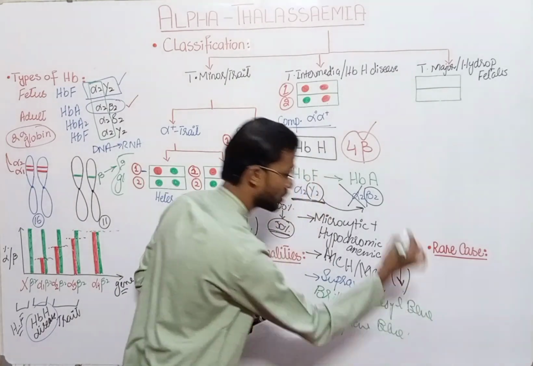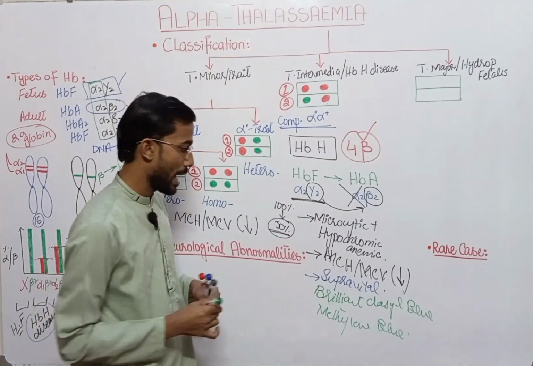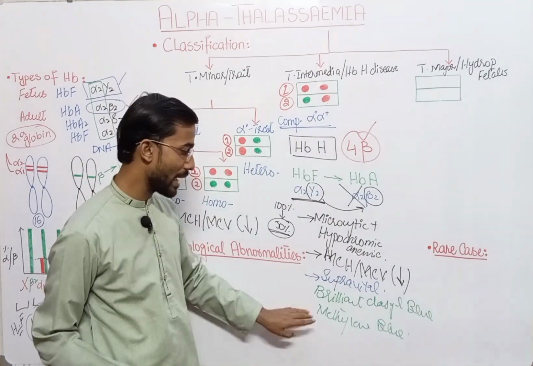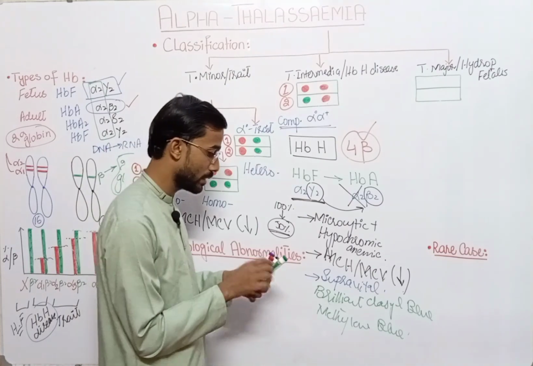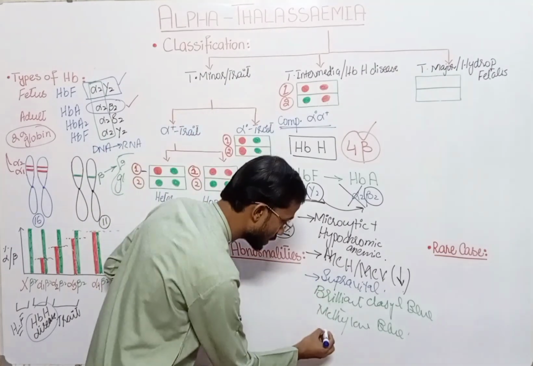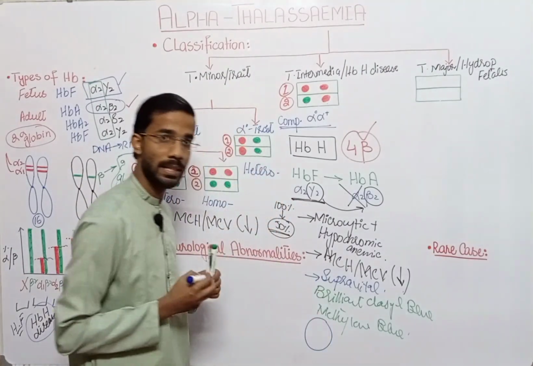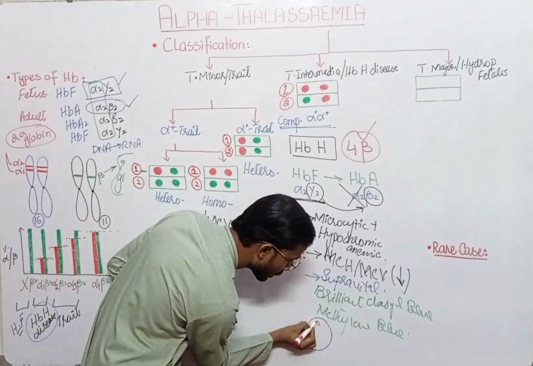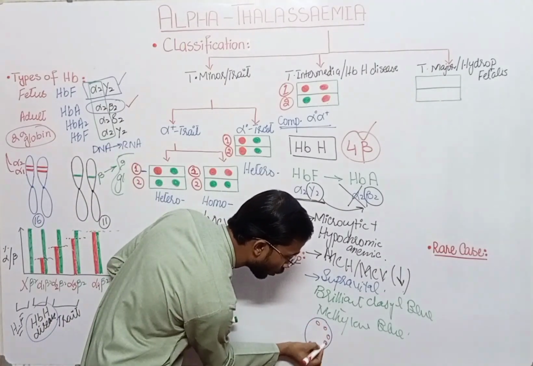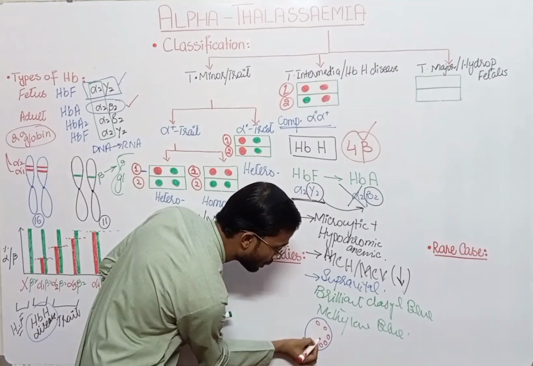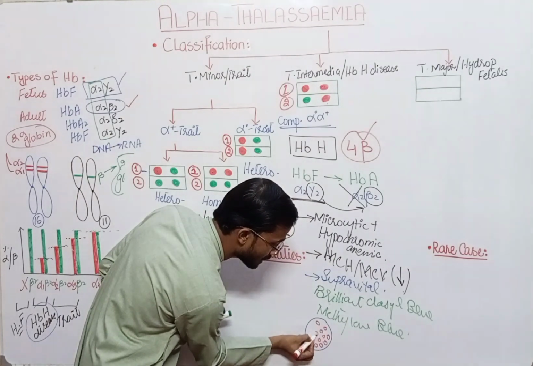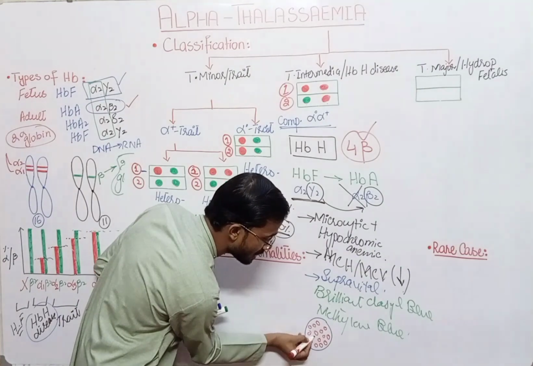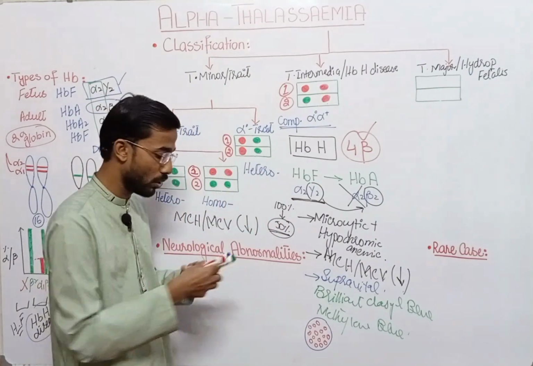You will use two stains, brilliant cresyl blue and methylene blue, and you will see this is a red blood cell, and in the red blood cell you will see that there is a lot of HbH hemoglobin present, and this actually looks like a golf ball.